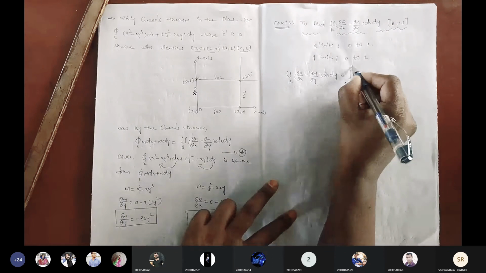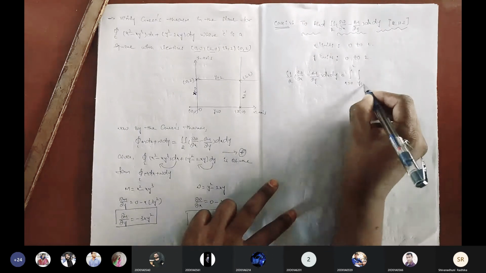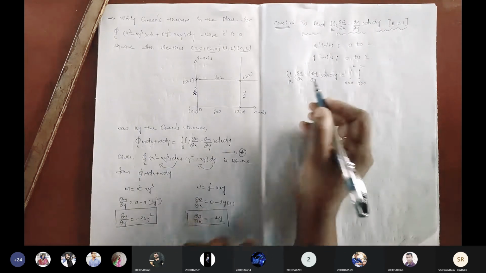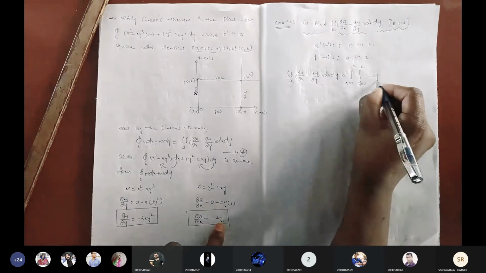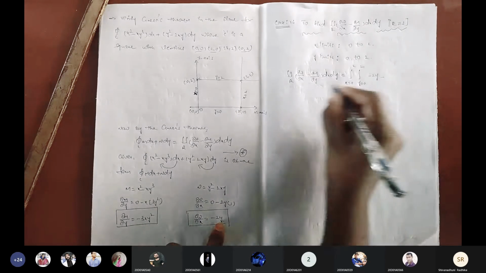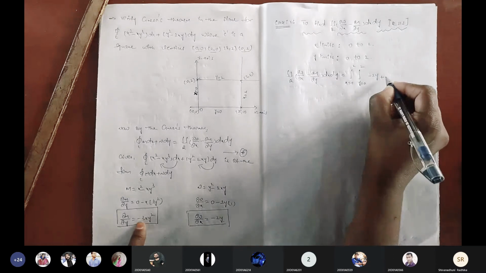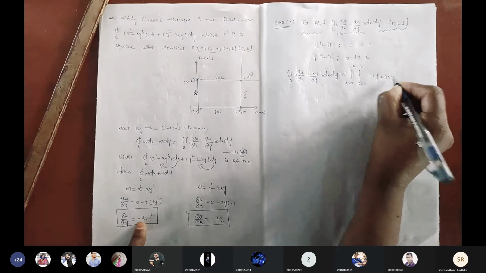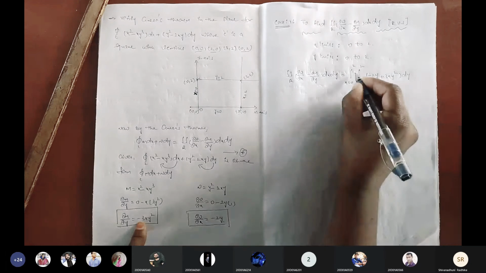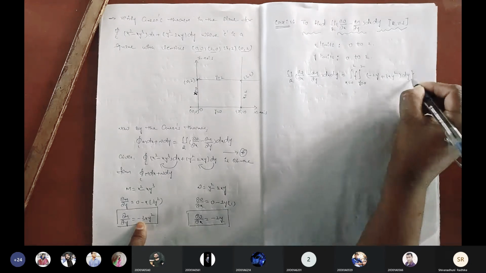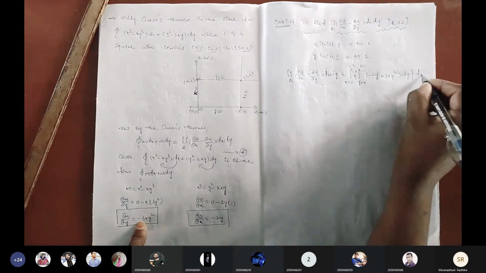X equals 0 to 2 and y equals 0 to 2. Dou N by dou x, where is dou N by dou x? Here minus 2y. Minus dou M by dou y, minus into minus gives plus 3xy square, with respect to y, separating the integrals into dx.